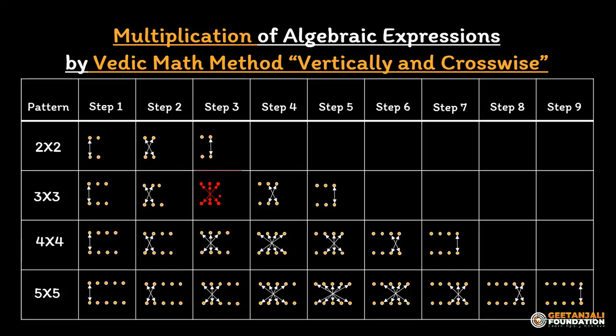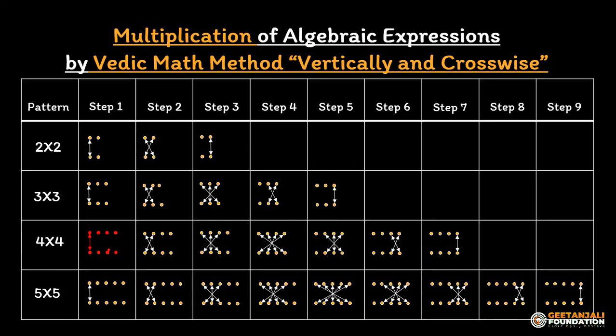We cross multiply the extreme right and extreme left corners and the terms in the middle will be vertically multiplied. We add all these results and write it down, and then we move towards the right. We cross multiply the rightmost terms, add them and write the result. Then we move towards the right once again, and at last we multiply the rightmost terms and write the result. This is how you follow these steps.